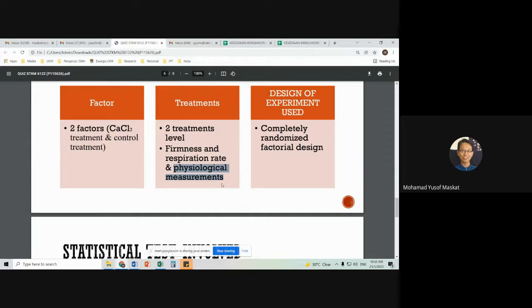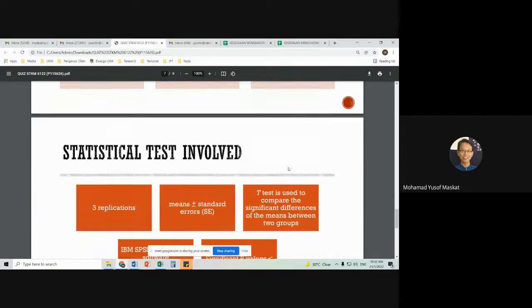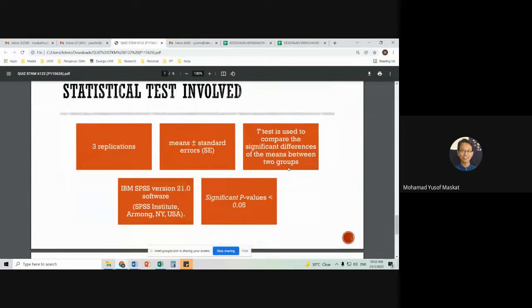So the design of experiment used should be a one factor design of experiment. So this is not correct. It cannot be a completely randomized factorial design.